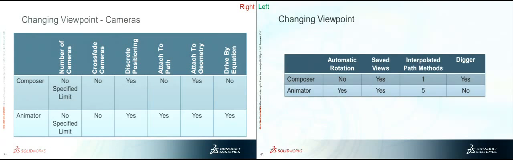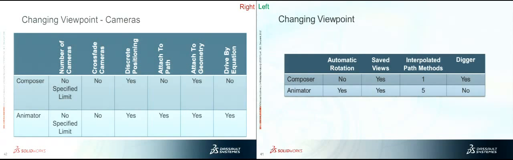As far as interpolation path methods, well, Composer, it's pretty manual. Whatever you want to manually add in, you can do. So we kind of say there's really just one, whatever one you want to add in. But SolidWorks actually has 5 predetermined ones that you can use. And then Composer has this thing called the digger that's pretty awesome as far as viewpoints go. And I'm going to show you how to do that a little bit later.